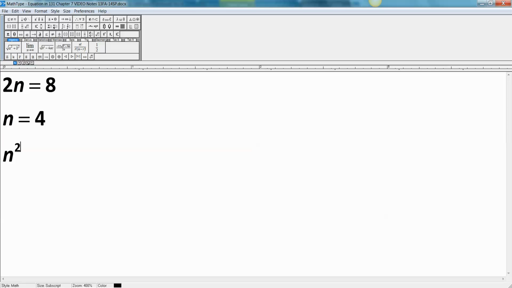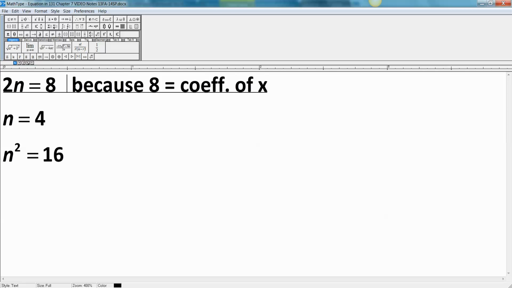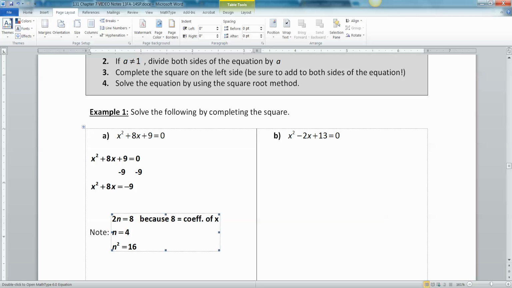And then while I'm on the subject, n squared would be 16, right? So I had 8 from the middle term, because 8 equals the coefficient of the x. So since 8 is the coefficient of x, that's 2n. Then n is 4. You just divide both sides by 2. You'll get n is 4. And then you square it, and you're going to have 16. Okay, so there's a little note to ourselves, a little aside.